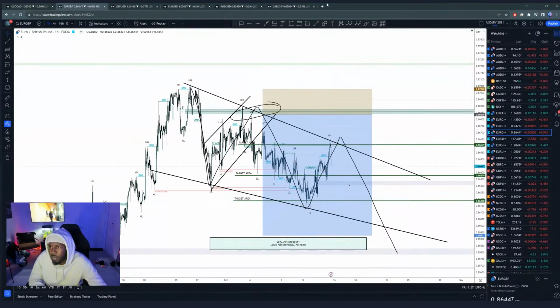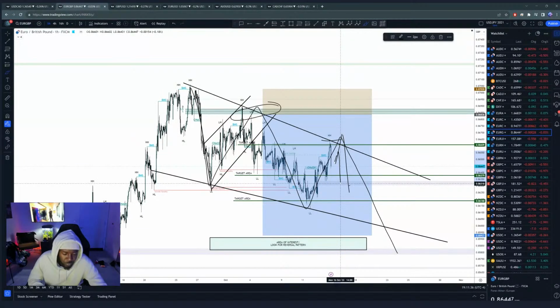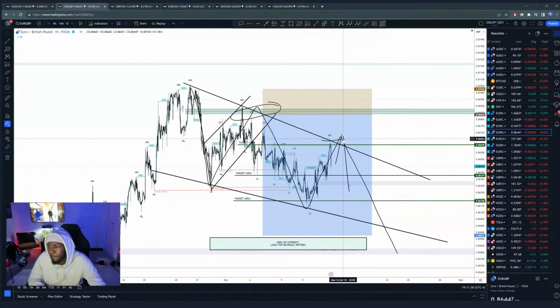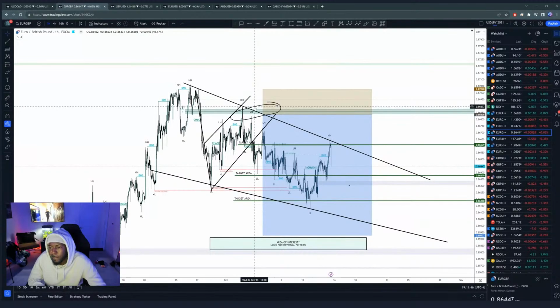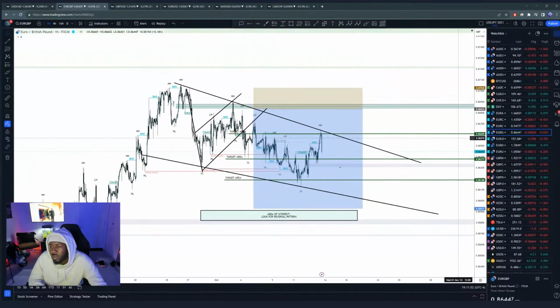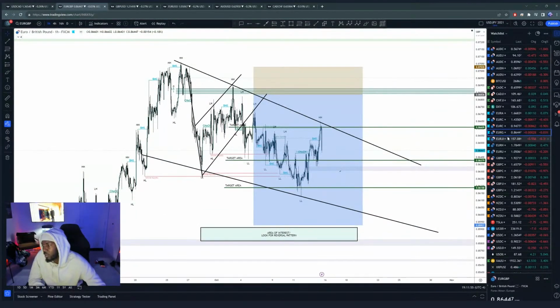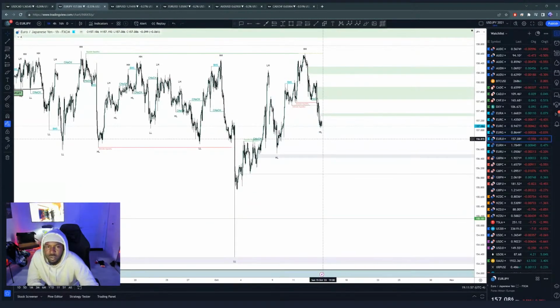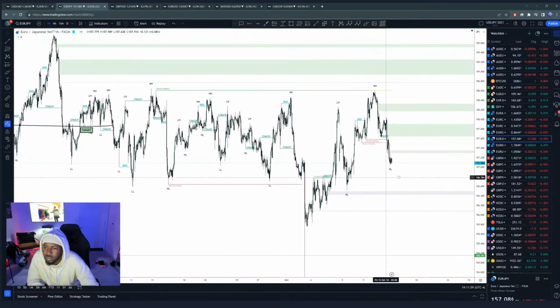So if anything, maybe wick above to take liquidity and then drop, right? Or it just does some type of correction and then drops. Cool. So y'all have your potential outcome further on your GBP EJ.